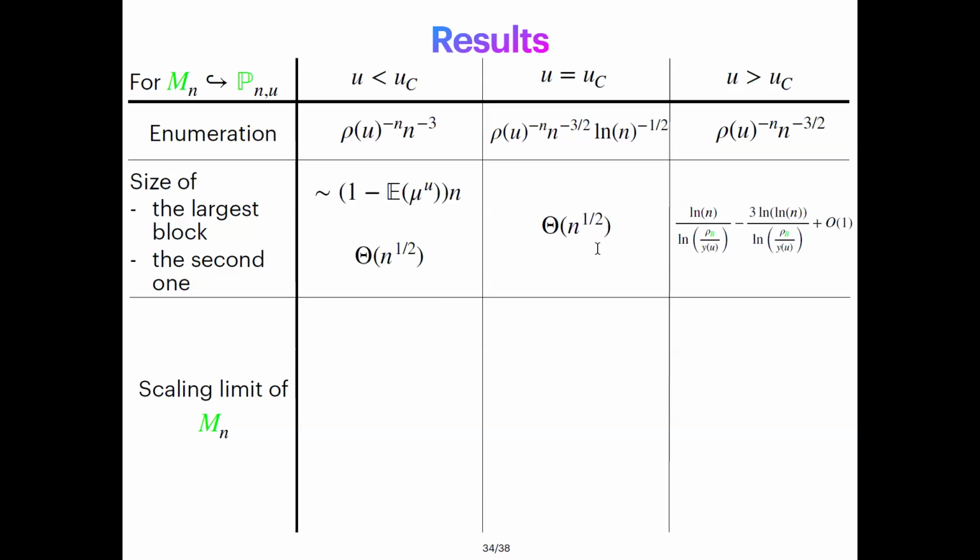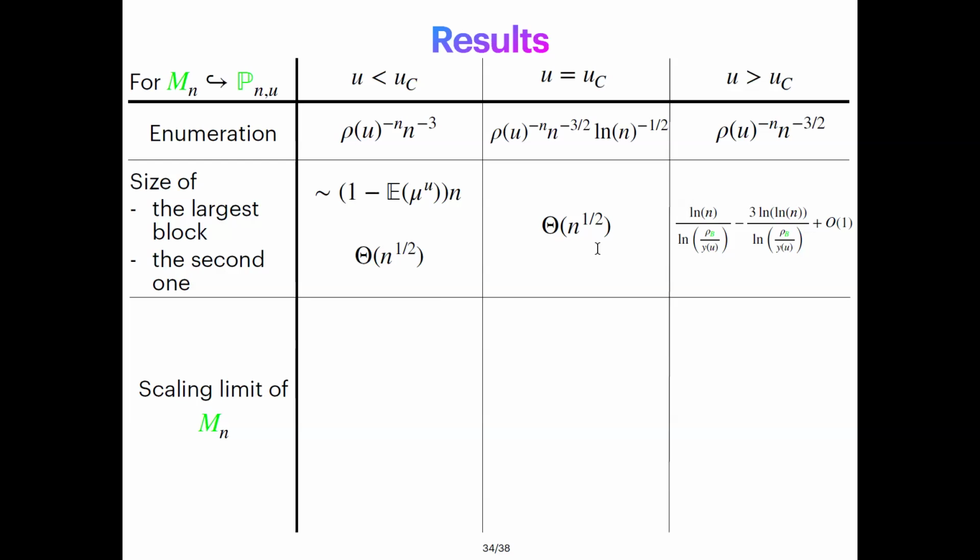For the size of the largest block, we show that we have, in the subcritical case, a macroscopic block with linear size, and the second block is of size square root of n. In the critical case, we have a few square-root-of-n sized blocks, and in the supercritical case, our blocks are logarithmically sized.